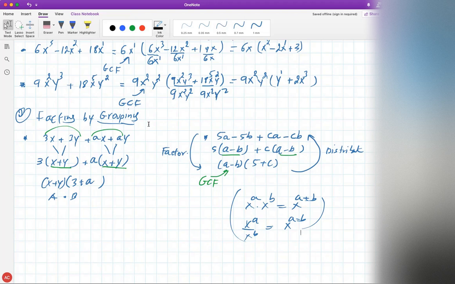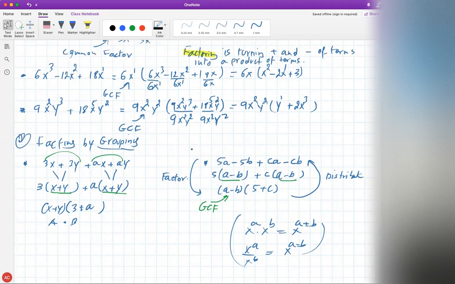Factoring and the rules of exponents. Factoring is basically going backwards, so we subtract the power. I believe I mentioned before that if we know the rules of exponents, it would make it easy to solve and understand this. As you can see, we use the rules of exponents here to factor by subtracting the powers.